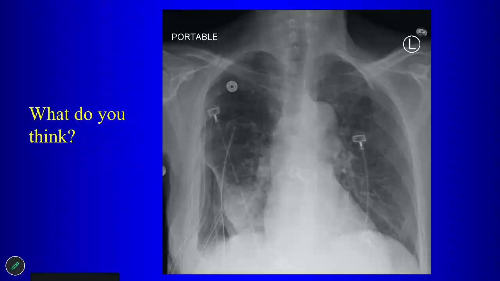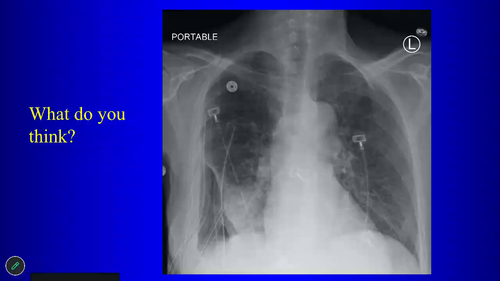Okay? Is that what you expect to see in this patient with two chest tubes? Yes. Yes, you would expect to see that? It should be on suction, right? Yeah. So, the suction should take the air out. Okay, why isn't it? It's trapped lung. How do you know this is trapped lung?